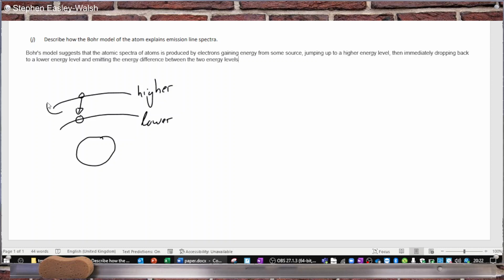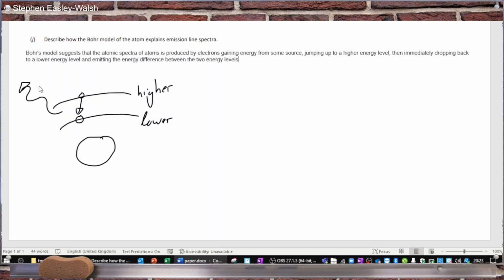So a photon gets released, and the photon can only have energy equal to how much was lost in the drop. Because only certain transitions, drops, are allowed, the photon can only have certain energy values, which corresponds to having certain frequencies.